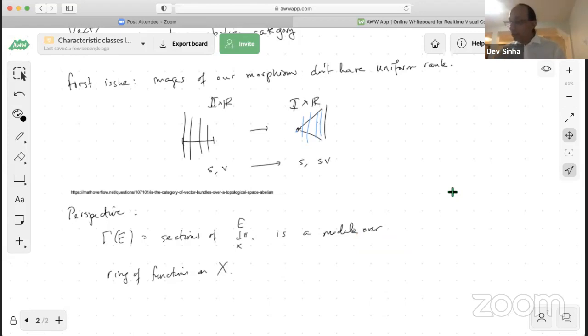But then you actually get that if X is compact Hausdorff, such modules are exactly the projective modules.